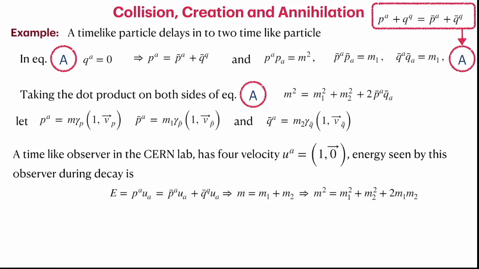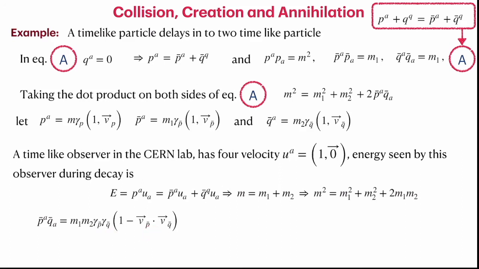So the mass as seen by the rest observer in the lab is totally conserved. So we have m square is equal to m1 square plus m2 square plus 2 m1 m2. So we compare this with our momentum balance equation, which we have taken the dot product on both sides. That is where it requires the quantity P bar A dot Q bar A, that is equal to m1 m2 gamma P bar gamma Q bar (1 minus Vp bar dot Vq bar).